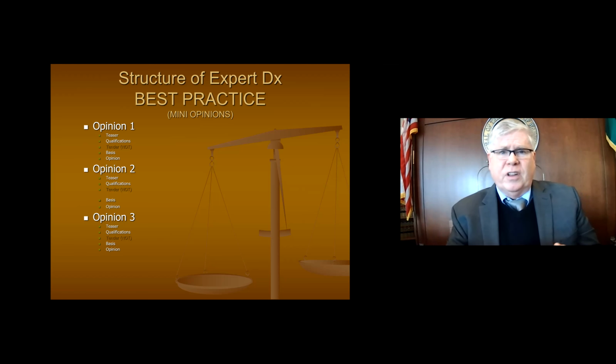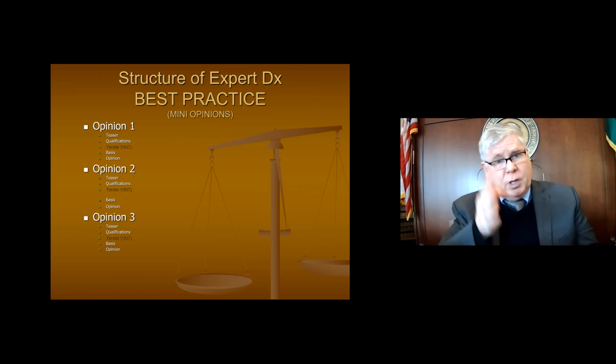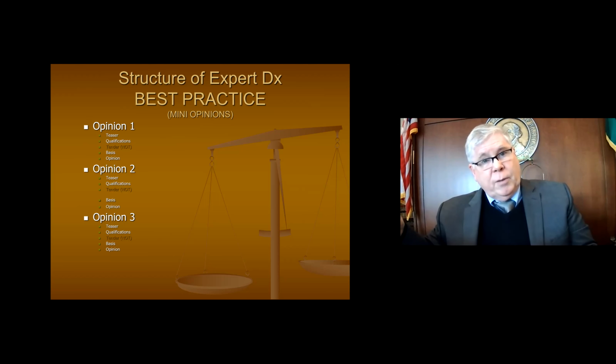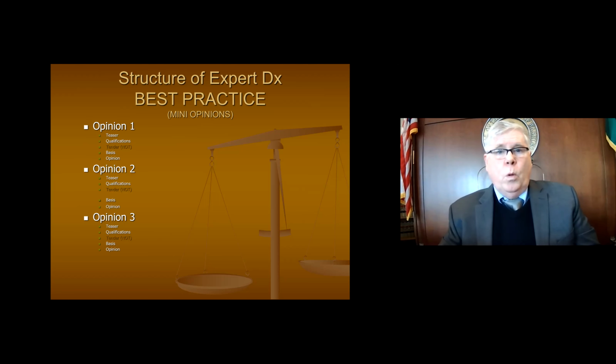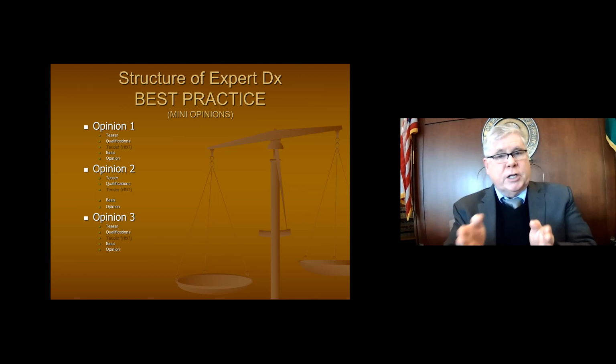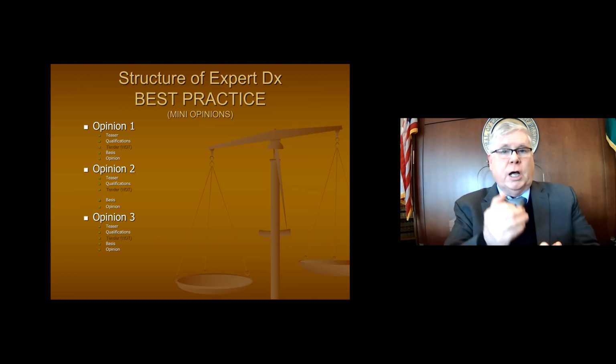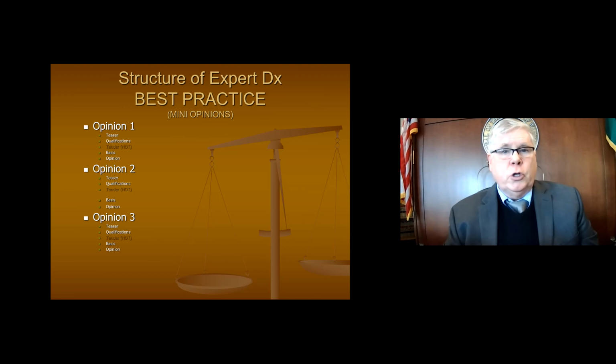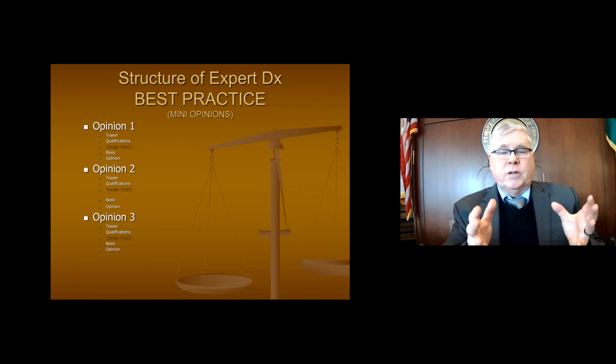For those kinds of witnesses, and frankly, almost every witness's opinion can be parsed down into sub or mini opinions, best practice is to use what we call mini qualifications. Break it down into discrete subsections or chapters where each time you ask the expert, "Sir, do you have an opinion as to the thoroughness of the investigation at the crime scene?"